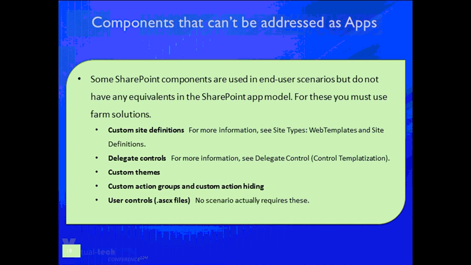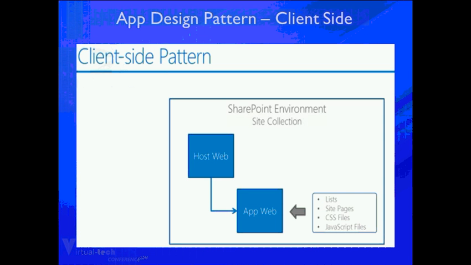That will also present certain other things. As I said earlier, I'll just show this slide, park it, and then show a demo. So the app client-side pattern: we saw host web, we saw app web, and one of the patterns is the client-side pattern, where we develop everything using HTML and JavaScript, like Windows Store apps or phone apps. The app web, which is a subsite, technically an SP web, will be under your host web. Most of the time it's a site collection.